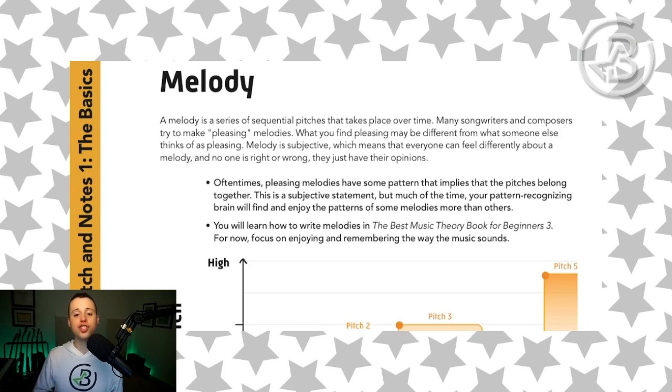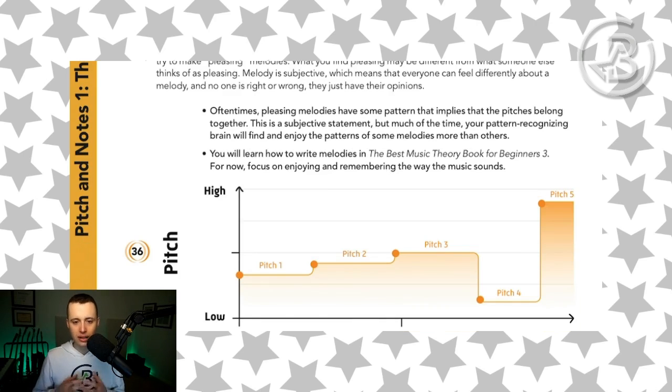Now, there are ways of structuring melodies and structuring songs in ways that are more systematic and have patterns that are more easily recognizable that most people find pleasing. A lot of the time, pleasing melodies have some pattern that imply that the pitches belong together. There's some sort of pattern that makes sense to us.